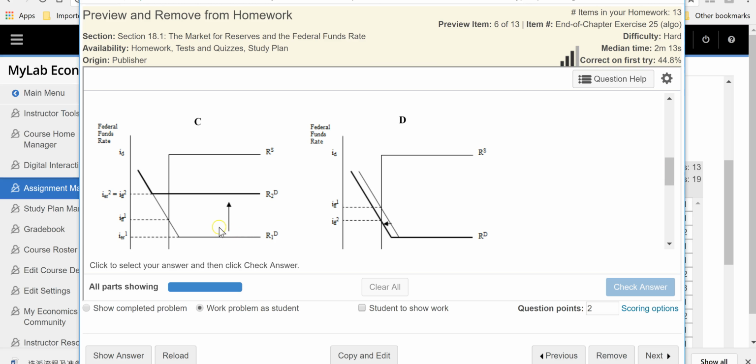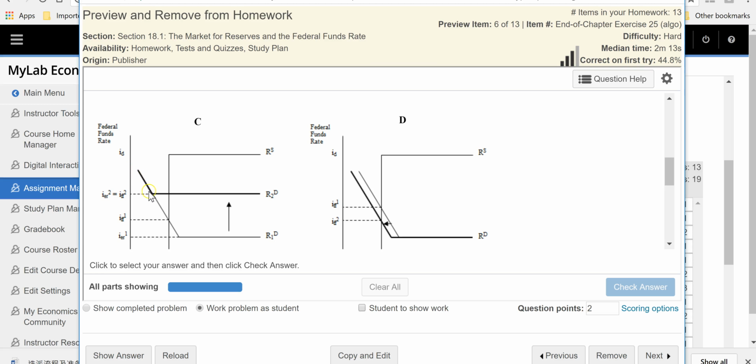So C, if we lift the lower portion of the demand curve, we can see that originally, this is the original demand curve, and this is the original supply curve. So their intersection is this IFF1. That's the original equilibrium federal funds rate. So now if the Fed increases the lower portion of this demand curve, the new demand curve for the reserves will become this one.